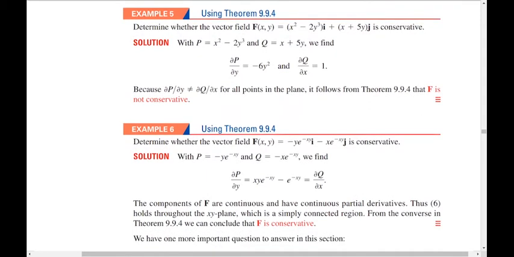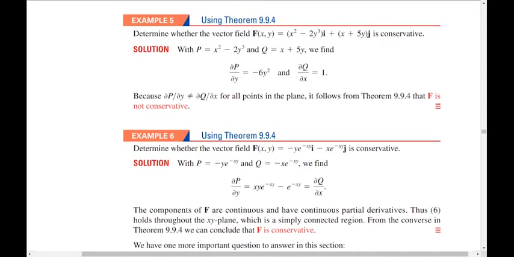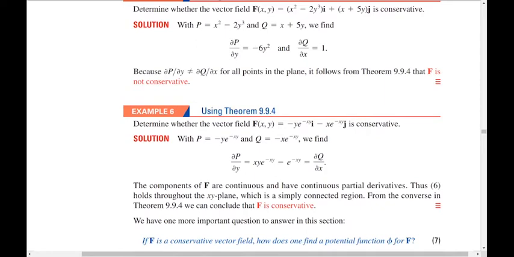Now let's see another example: determine whether the vector field F(x, y) given by minus y e^(-xy) i minus x e^(-xy) j is conservative or not. Again we just have to see whether ∂P/∂y is equal to ∂Q/∂x. So we have P equal to minus y e^(-xy) and Q is minus x e^(-xy). Now what will be ∂P/∂y? Here we have to apply the product rule.